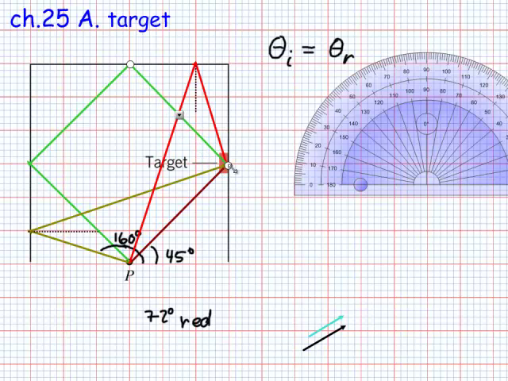And then of course I can see that I have an angle of 135 degrees for the green one, and the optical axis is over here, so the 45 degrees equals the 45, and the other one is over here, same deal, 45 and 45. Okay, two more.